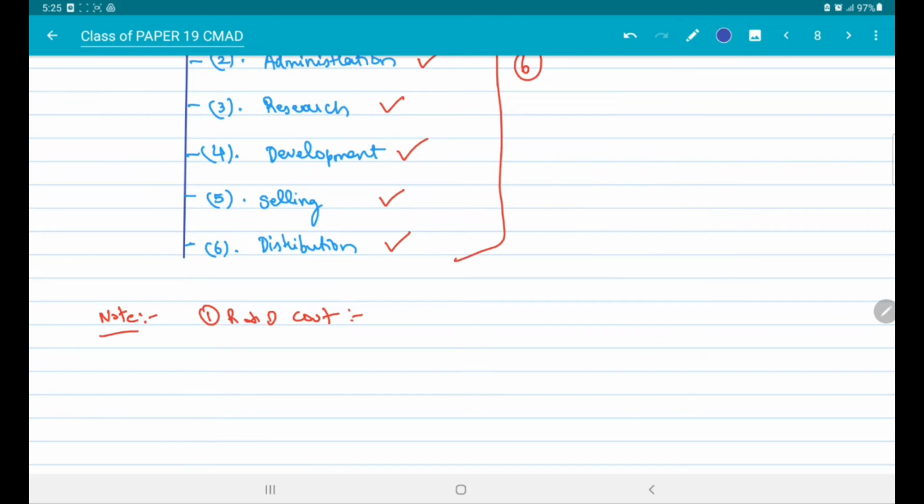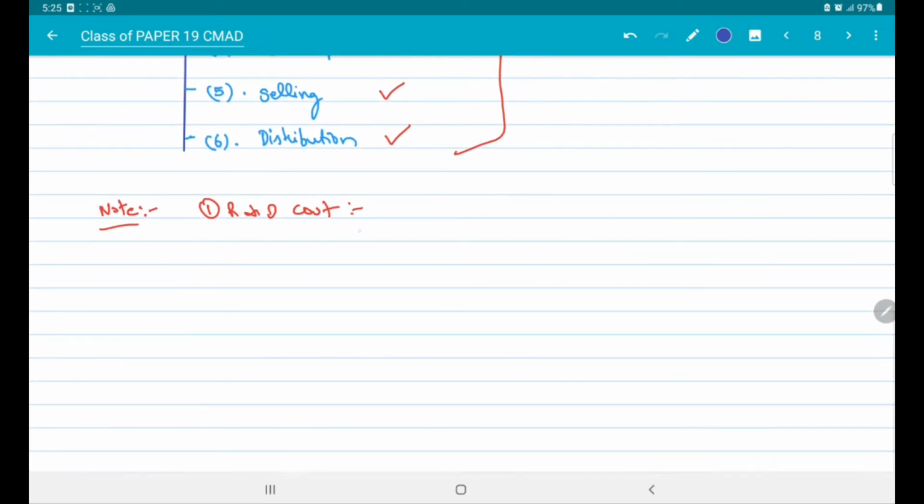Actually, for research and development cost up to 2008, the R&D cost was a part of administration overhead.